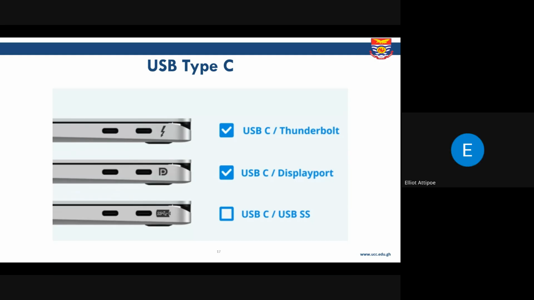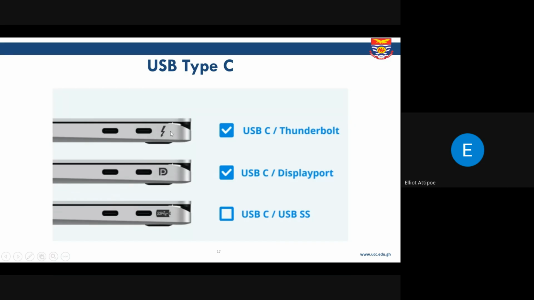Okay. All right. So more about the Type C. We have the Thunderbolt, we have DisplayPort, we have the USB. Based on which one you are buying, you should do a small research about what it really does.